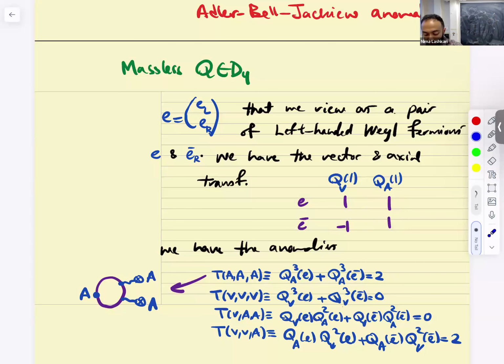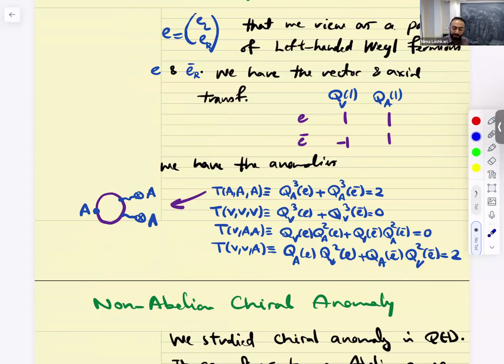All right, so now we're in 4 dimensions. This is the diagram we're calculating, right? Basically, all that matters is that your answers are going to get a charge factor from each of these insertions. So let's say this is axial, axial, axial.